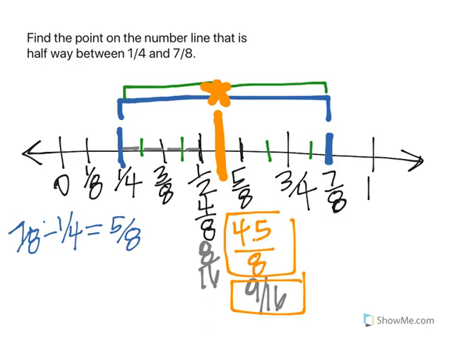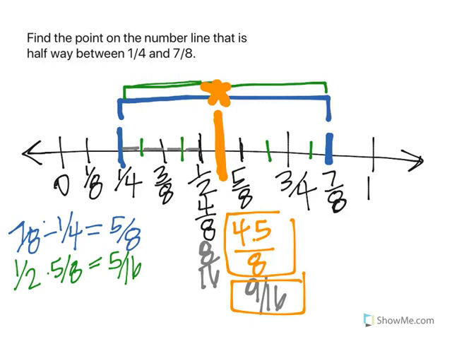Okay, so then if we want to go 1/2 of the way, we need to find out what's half of that blue distance. So I would do half of 5/8, which is 5/16, which we can see highlighted in green right here. There's 1, 2, 3, 4, 5/16.